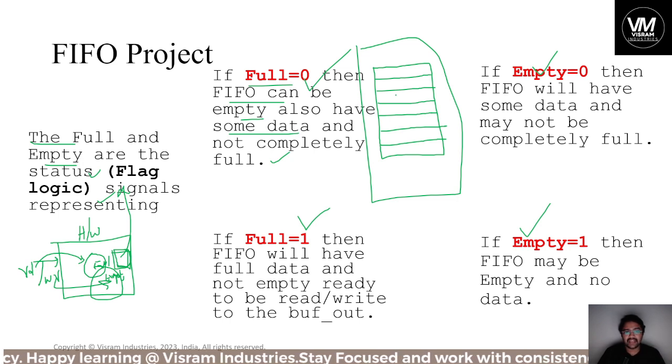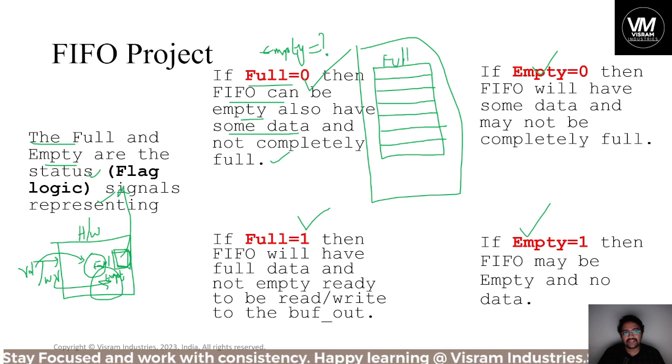It is not full, right? But we don't know what is empty here. We can't declare empty as 1 here. So we can't say this is completely empty. We are just saying full is equal to 0. That means it is not full. So there can be some data in some other register. Even one register, but the remaining can all be empty.